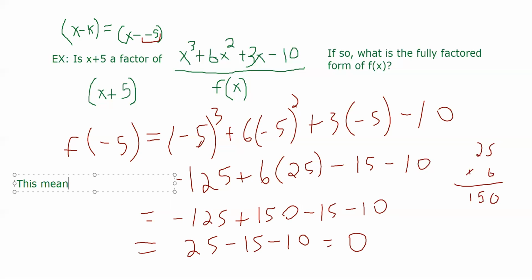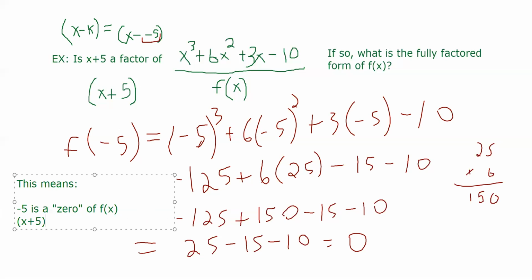So this means negative 5 is a 0 of f of x. It is an x value that can be plugged into the function that will spit out a 0. It also means that the factor x plus 5 is a factor of f of x.